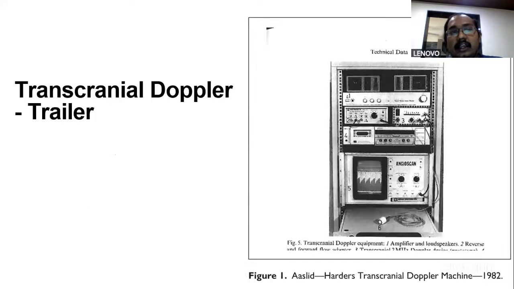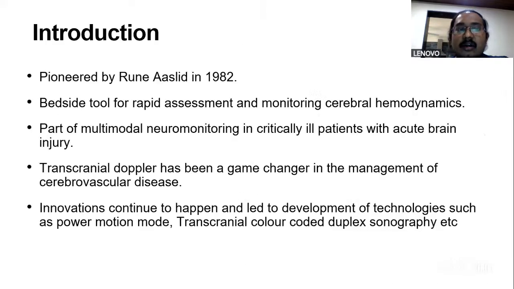This is the first angioscan machine used by Aslid in doing transcranial Doppler. In 1982, the first paper on transcranial Doppler came from Rune Aslid, and he described how he did the unthinkable in those days.